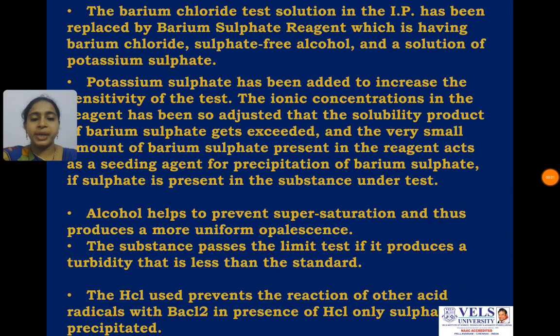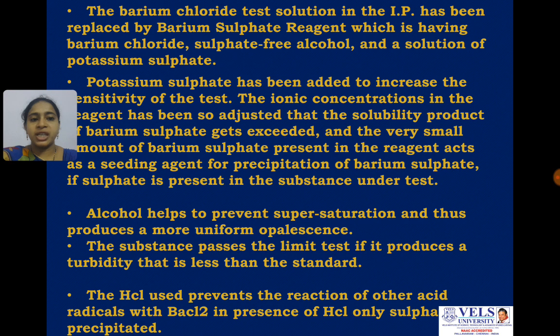In IP, the barium chloride has been replaced with barium sulfate reagent, which consists of potassium sulfate, barium chloride, and sulfate-free alcohol. The importance of each ingredient is as follows. Potassium sulfate has been added to increase the sensitivity of the test, and the ionic concentration in the reagent has been adjusted in such a way that the solubility product of potassium sulfate gets a little bit exceeded, so it will undergo precipitation.